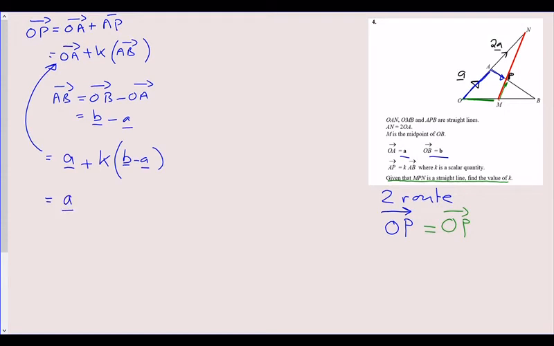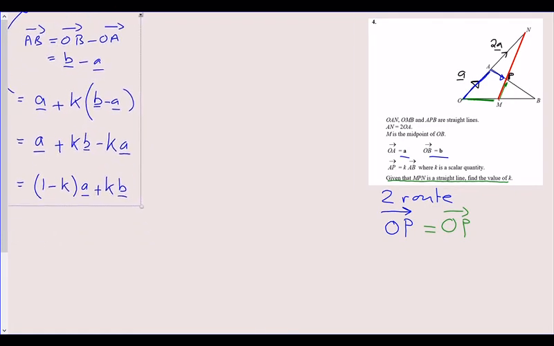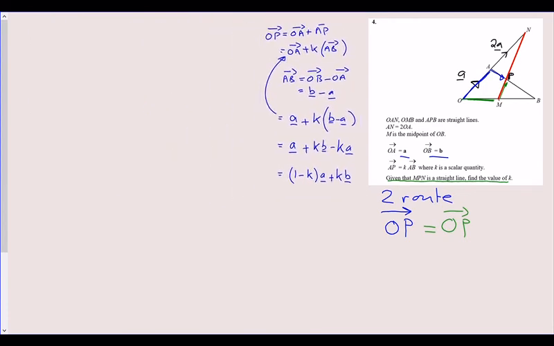So a plus kb minus ka, collect those a's together. So I've got (1 minus k) a plus kb. Let's put that to one side and then focus on the next route, the green route.